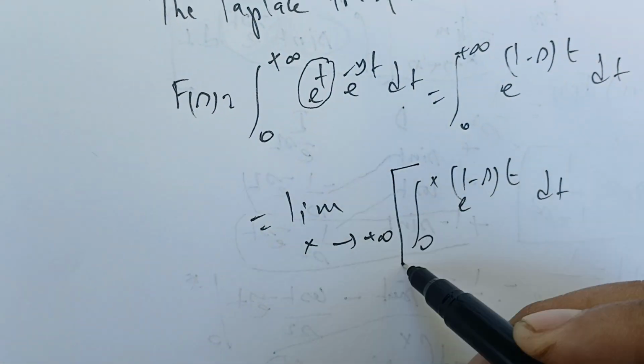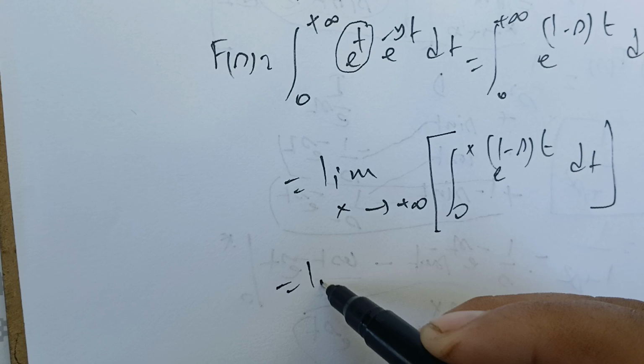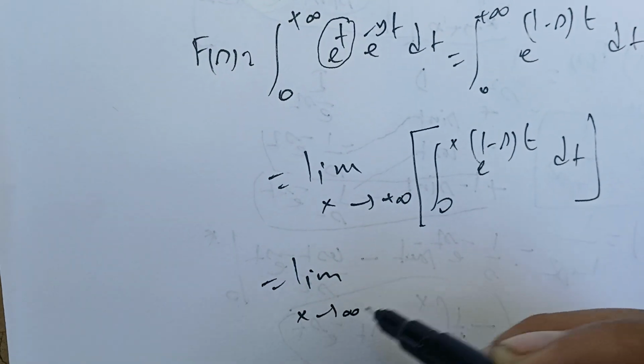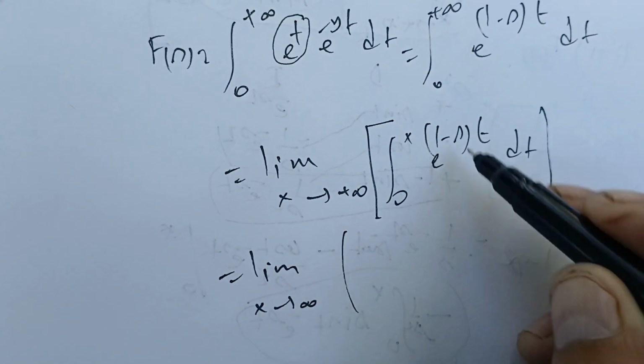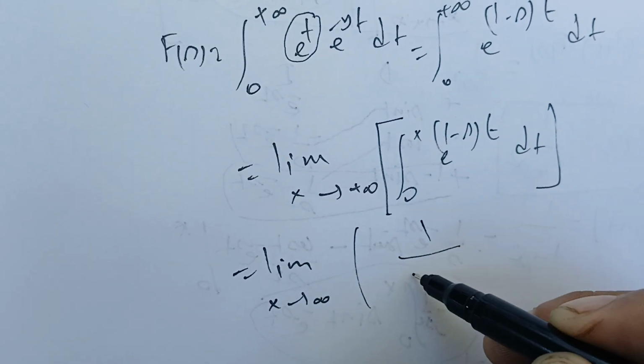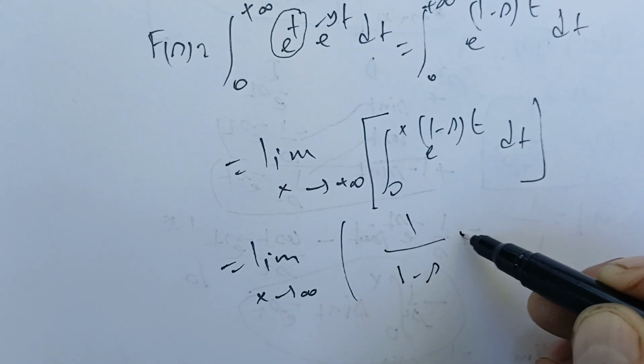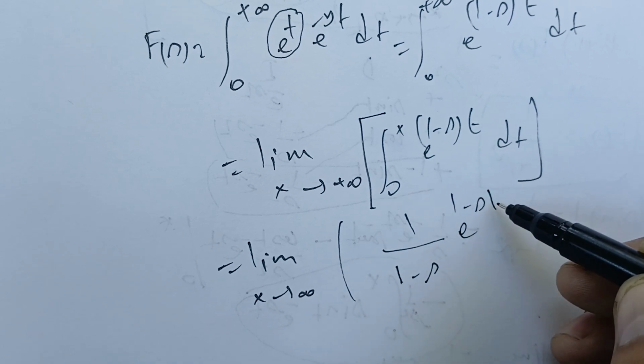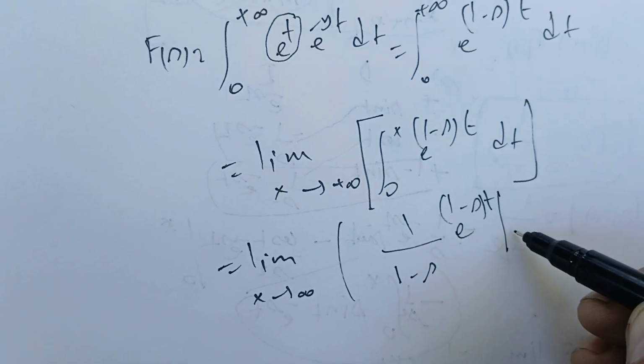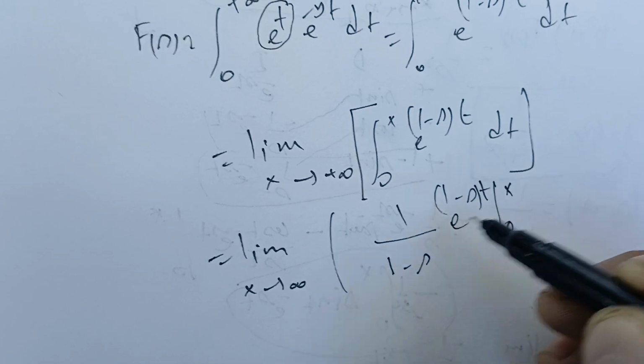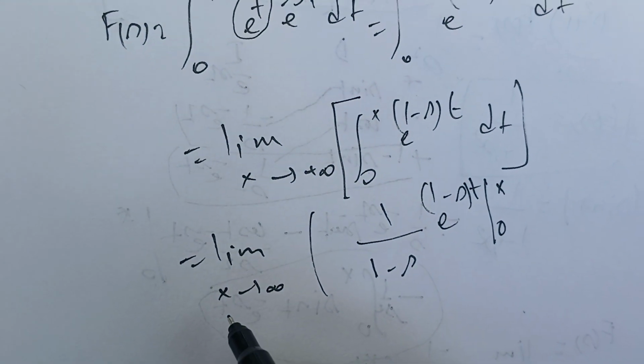Okay, let's focus on this part here before we take the limit. So here we know that in this case we get 1 over (1-s), e^((1-s)t), between 0 and x.